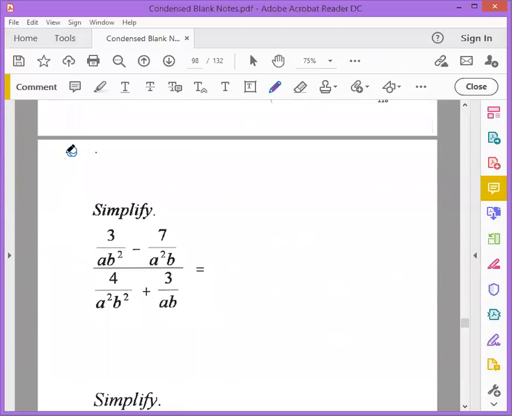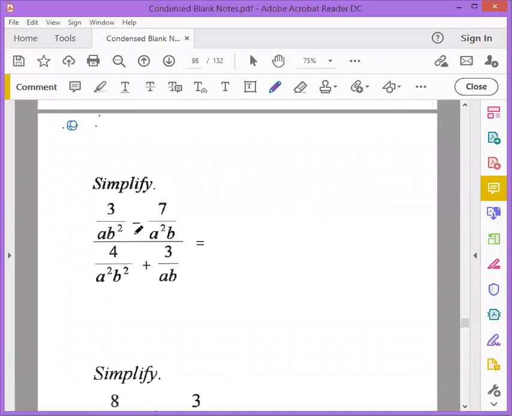The next example, we see 3 divided by ab squared minus 7 divided by a squared times b. So in order for us to get common denominator, we actually have to do a little bit of work to both fractions this time. In the denominator of the fraction on the left, we have a to the first power. In the second fraction, we have a to the second power.